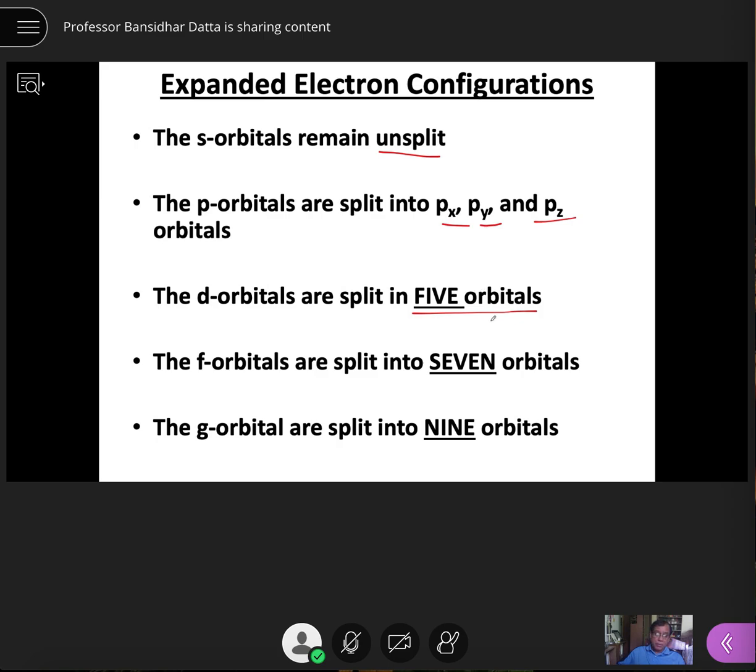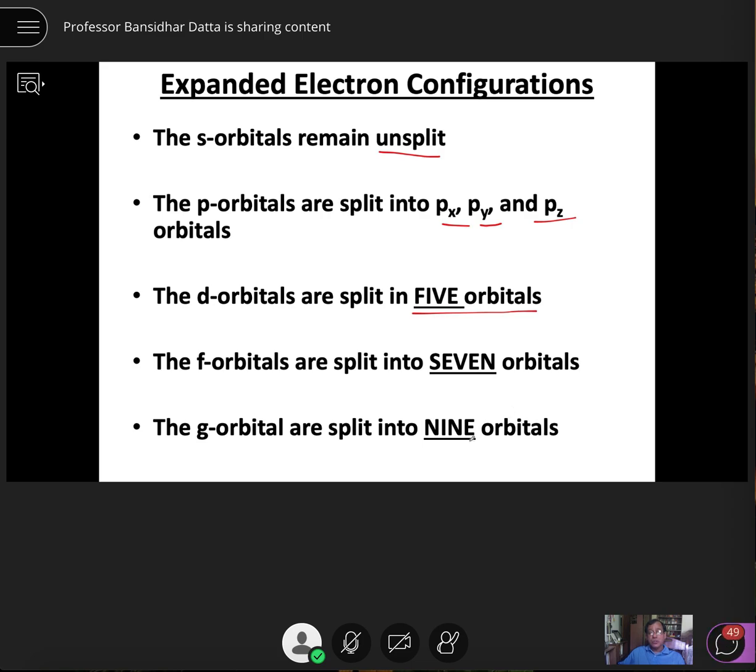You remember 5 of them. The f orbital can split 7 times, and each coordinate has 2 electrons. So 7 times 2, 14 electrons. S can hold 2, P can hold 6, D can hold 10, F can hold 14. The g orbital can split into 9 different orbitals.